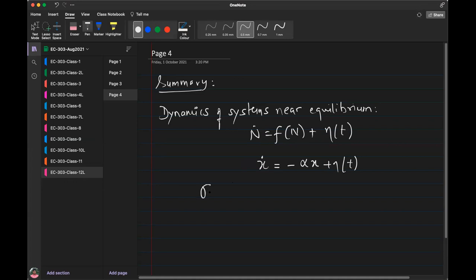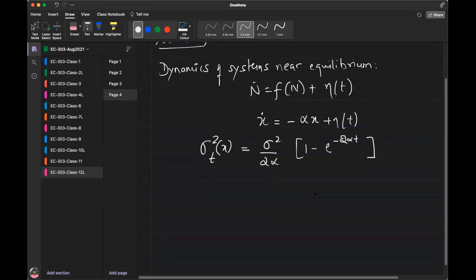The sigma square of this variable x as a function of time follows this expression, and the correlations, or the covariance, of this process is given by e to the power minus alpha times (t minus t prime). These are the two main results.